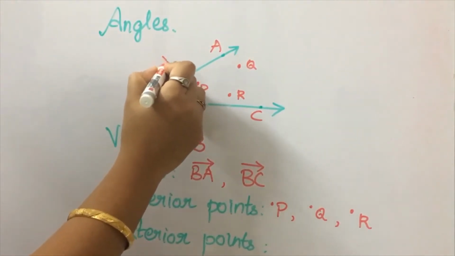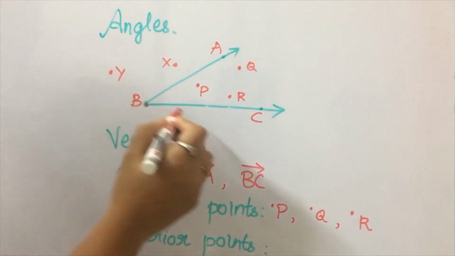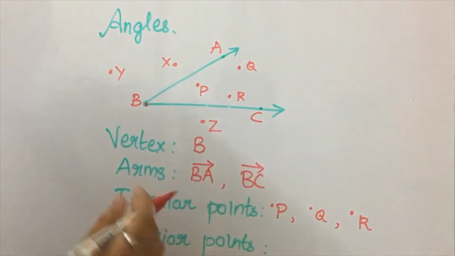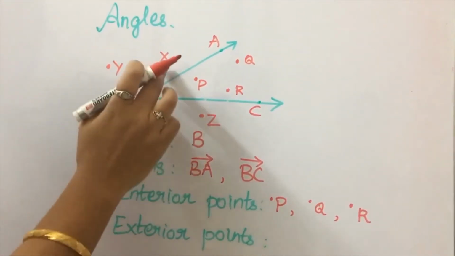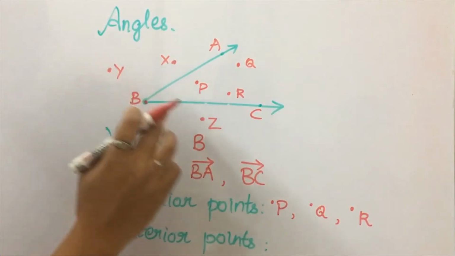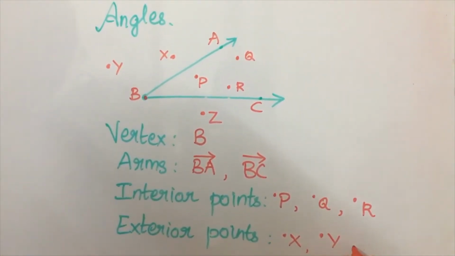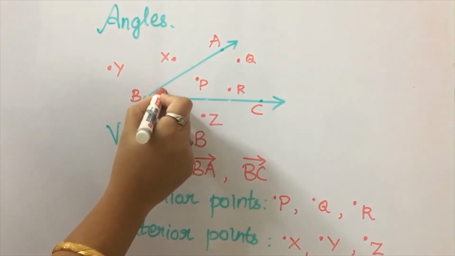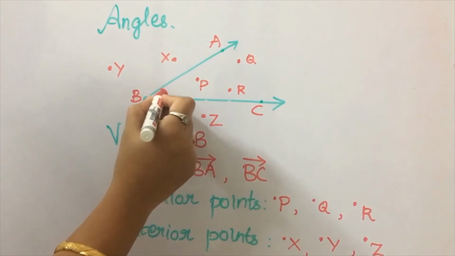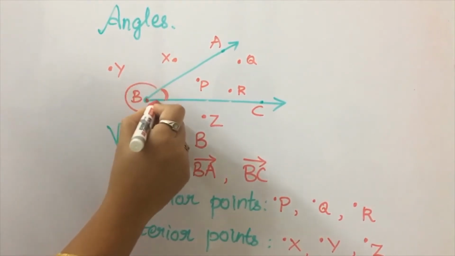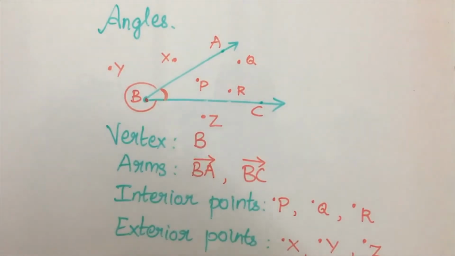So point X, point Y, point Z. These are the points in the exterior, so these are called exterior points: point X, point Y and point Z. This angle is called the interior angle and this angle is called the exterior angle.